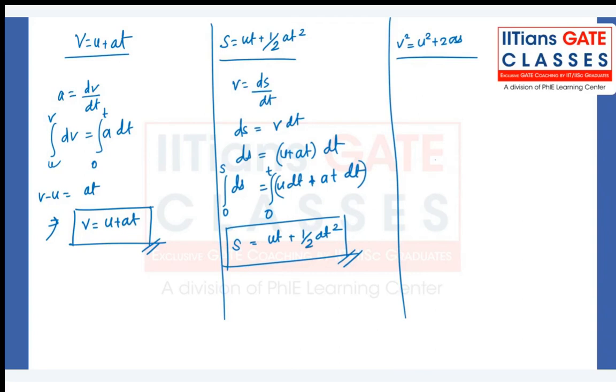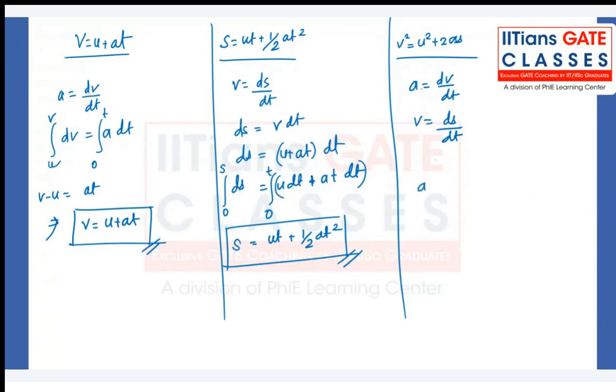We have a, that is dv by dt, you know. And what is v? v is equal to ds by dt. So let's multiply both the sides with ds by dt.